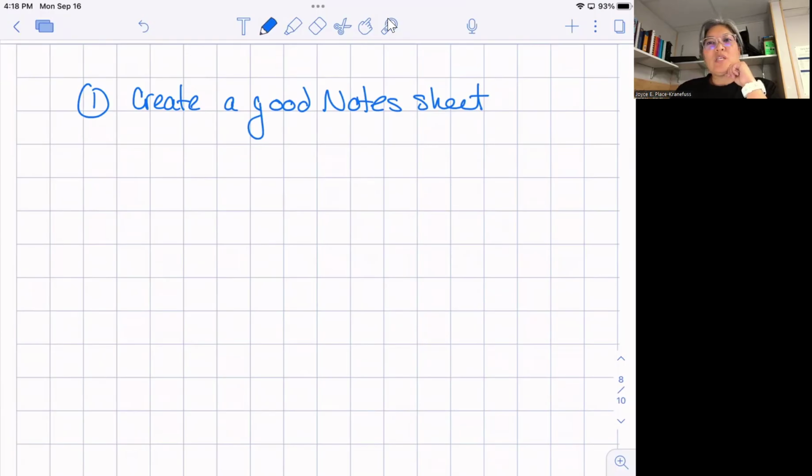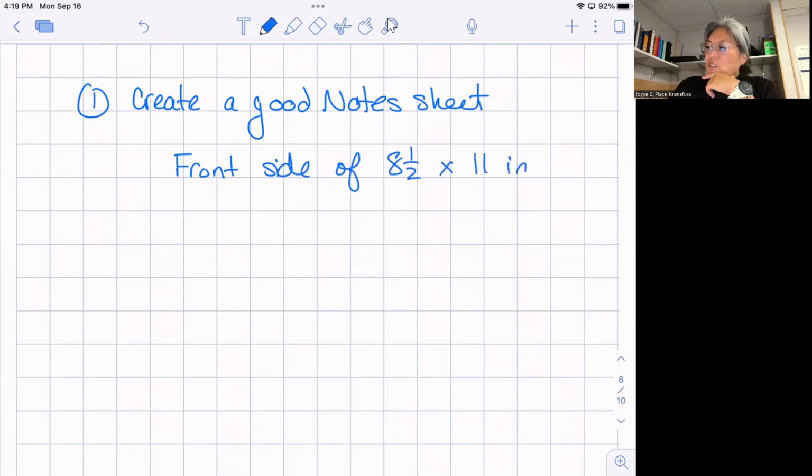It might include things about how to complete the square, the forms of quadratics, standard, vertex, factored, what are the key points that we get out of those? Examples, again, you can have the front side of an 8.5 by 11-inch sheet of paper.